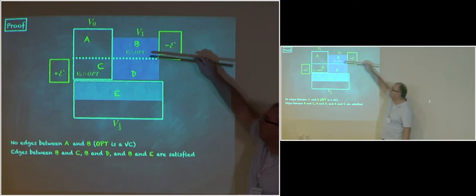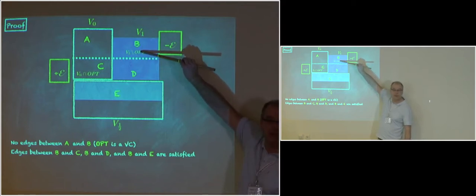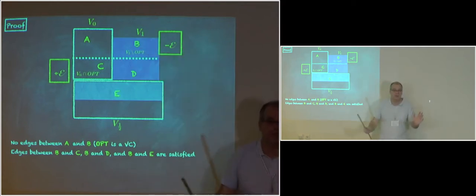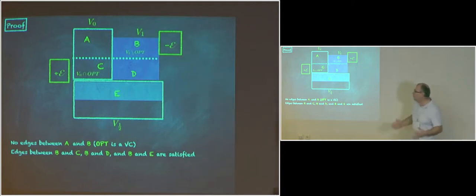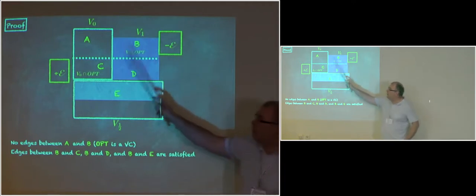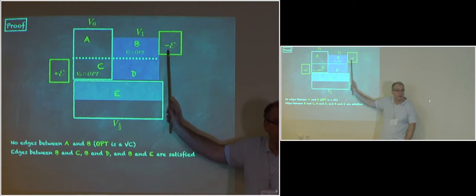This guy was more than 1/2, and this guy is still more than 1/2, so the sum is still more than 1. The same type of argument applies here. So again, I obtain a valid solution for the linear program by doing this.